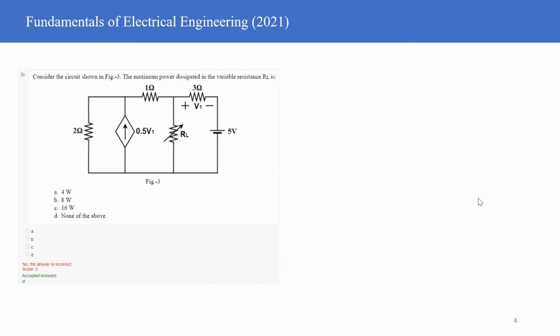So in this question, it is asked to determine the maximum power dissipated in the resistance RL. Okay, so let me step back and ask you guys: if you have a voltage source V, some resistance R, and a load resistance RL, then at what value of RL would you have the maximum power dissipation in RL?